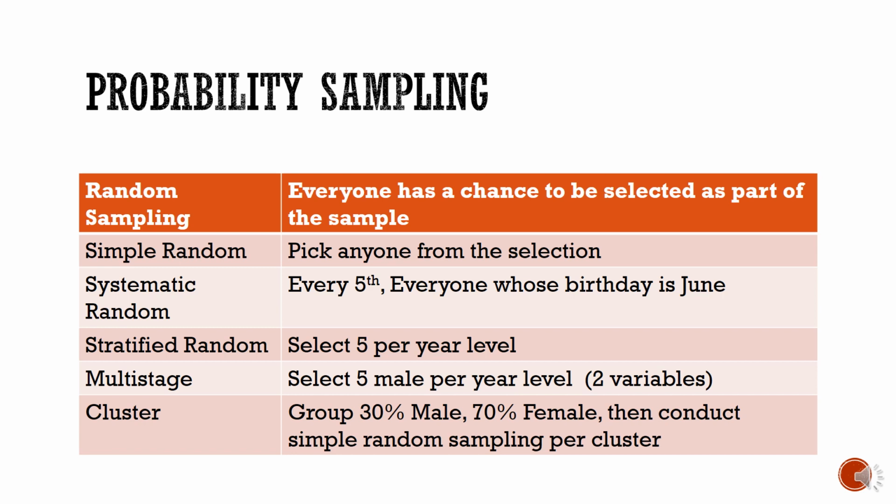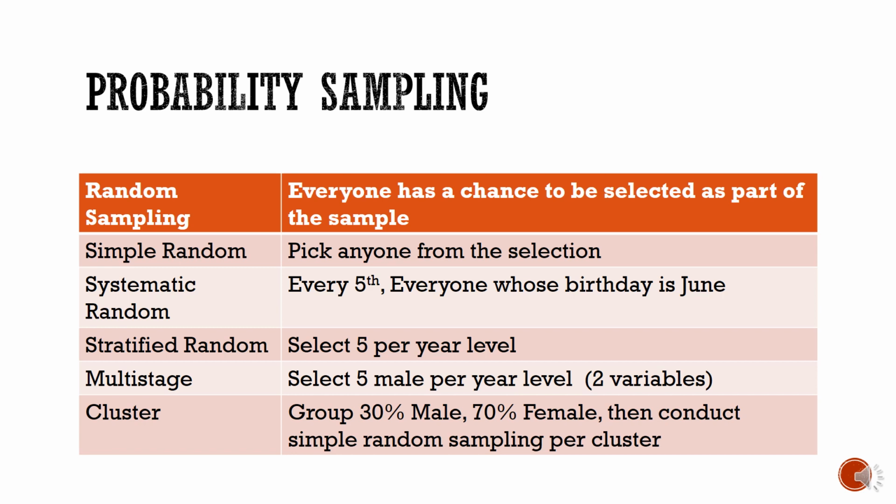If it's simple random, similarly, I will just get anyone I see, that's simple. Okay, then systematic, I will ask, okay, all those in number 5, every 5th student, please come forward. Or everybody who was born on June.